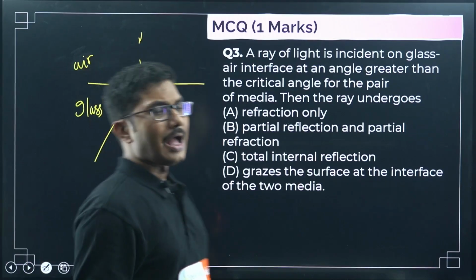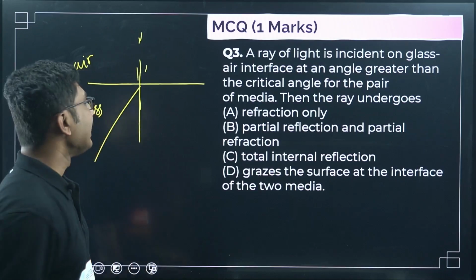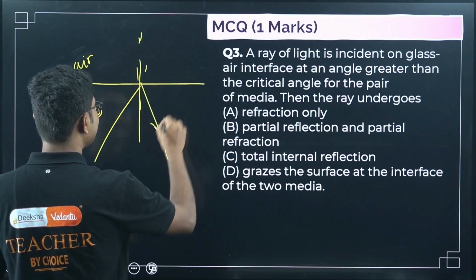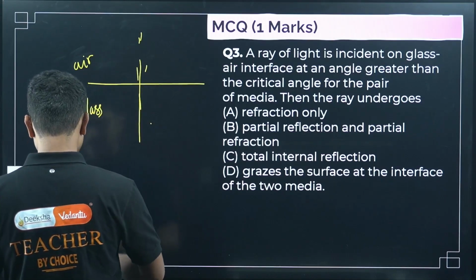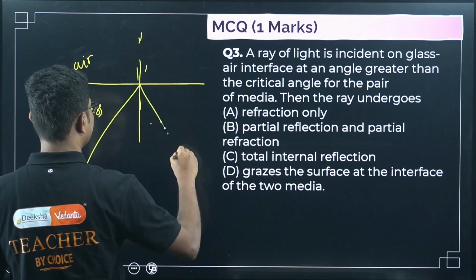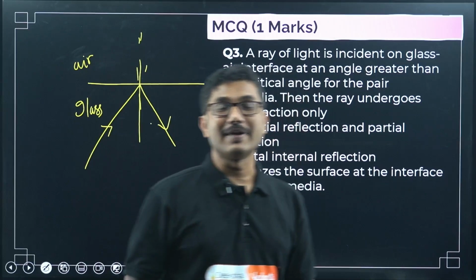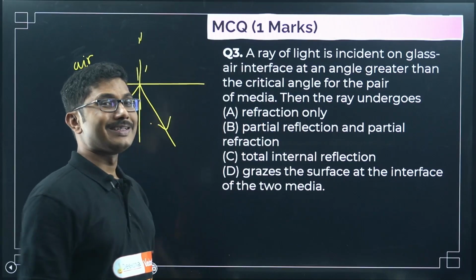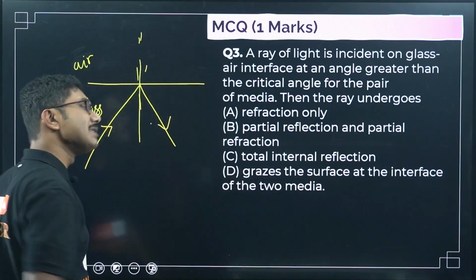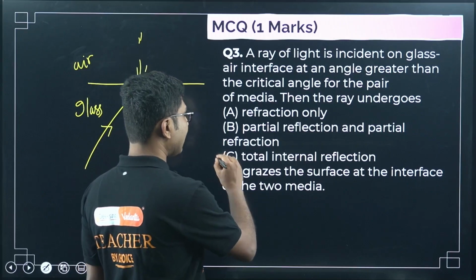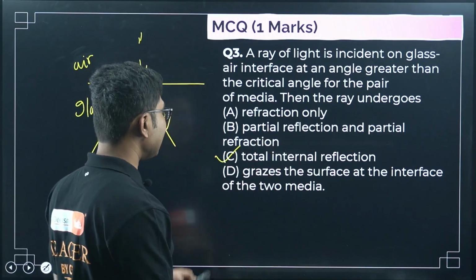In case of angle of incidence greater than the critical angle, it will suffer total internal reflection. That is, all the light falling on this will be reflected back completely. If the angle is less than the critical angle, then it will partially reflect, partially refract. If the angle is exactly equal to the critical angle, then it will graze the surface, but here the angle of incidence is more than the critical angle, so total internal reflection will happen. So the answer will be total internal reflection.